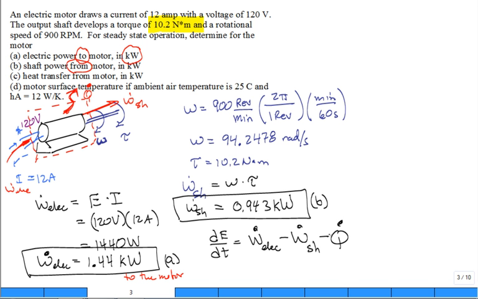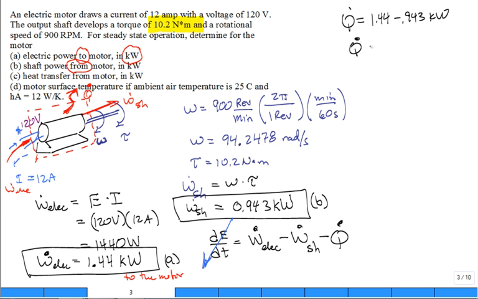So we want most of that to go into turning the shaft. Anyway, it's operating at steady state, so that's zero. There's no accumulation of energy in the system. And so the balance gives us that Q dot is equal to the 1.44 kilowatts minus the 0.943 kilowatts. And this is where you would make sure to have all your units, but those were all the units on the 1.44 kilowatts.